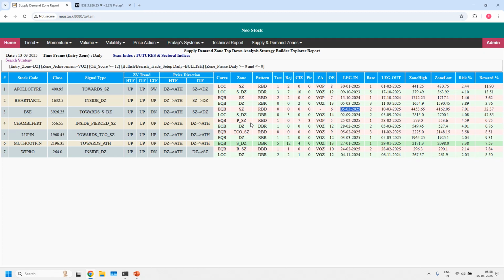So Chambal Fertilizers, we have a pierced supply zone as a target zone here. 25/2/2025, one base candle.